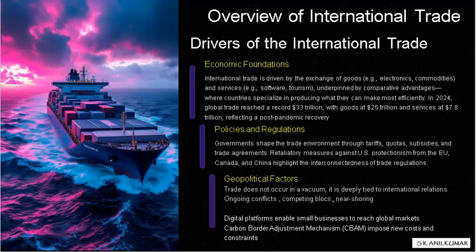Then there are certain policies and regulations. Now, various governments, various political parties have their own ways of shaping the economy of their country and also impacting global trade. It could be in the form of tariffs, quotas, subsidies, or trade agreements. These policies or regulatory changes will have certain impact.